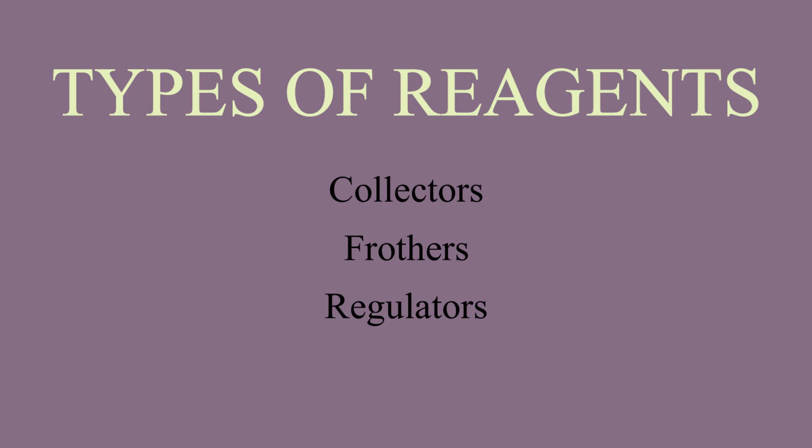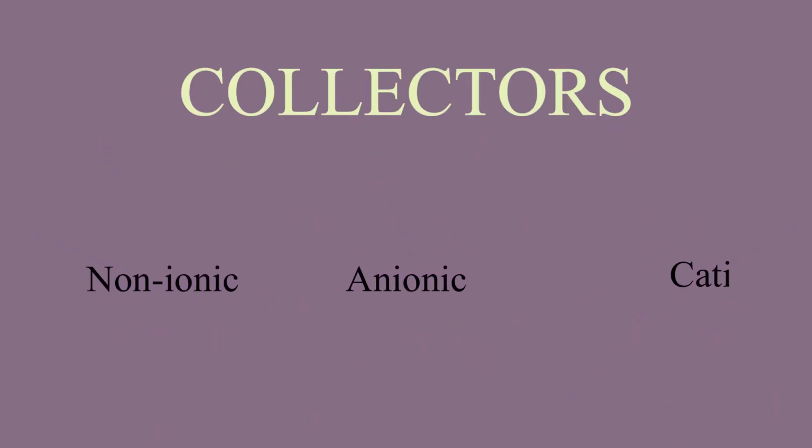There are three types of reagents: the collectors, the frothers, and the regulators. Non-ionic, anionic, and cationic collectors are the three types of collectors available. Simple hydrocarbon oils are used as non-ionic collectors.